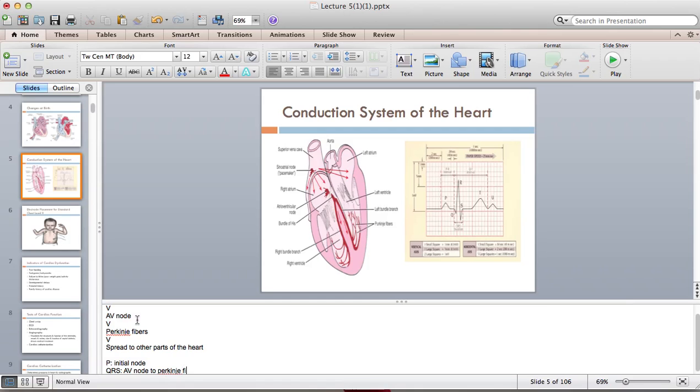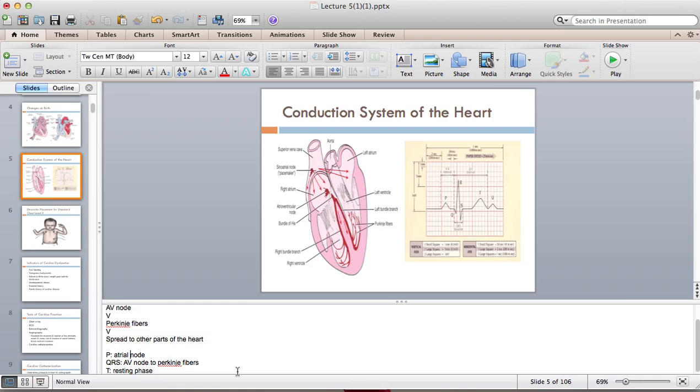So as that impulse travels through the heart, the heart is able to polarize and able to rest in between those activities. So both the blood flow and the electrical impulse happen simultaneously in the heart.